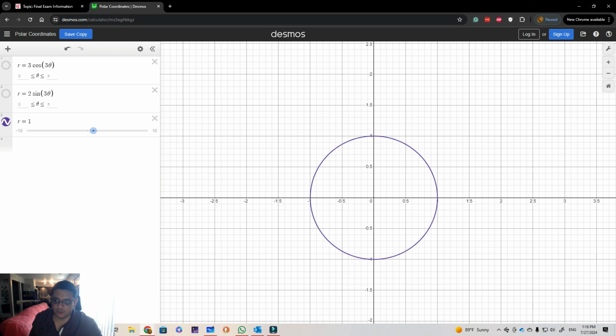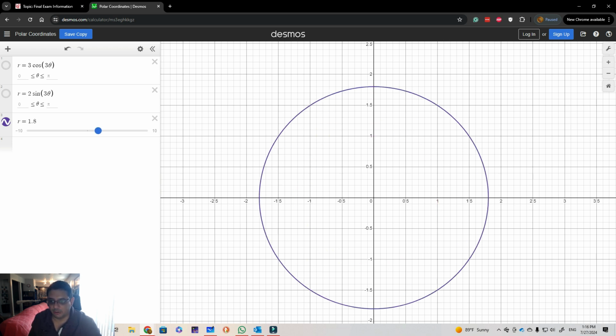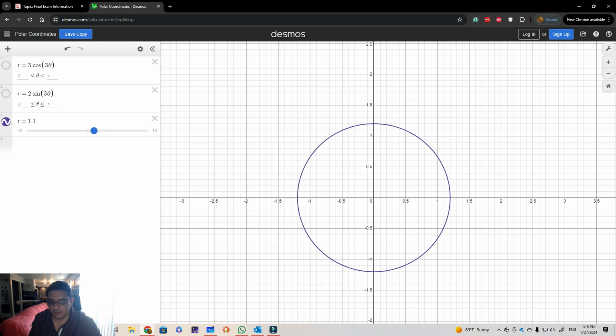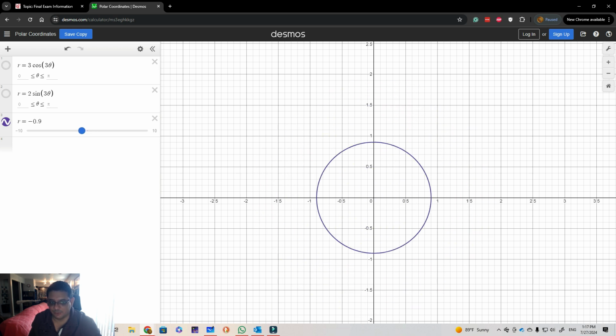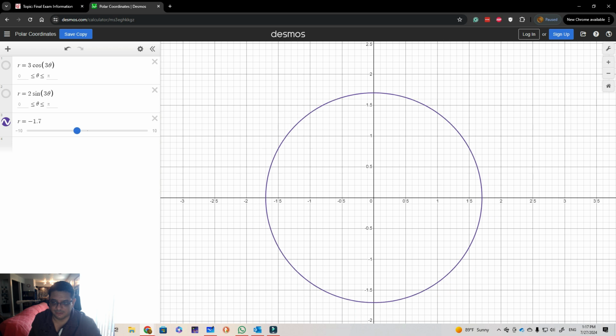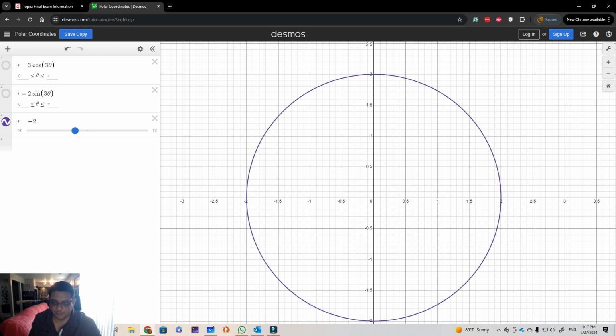When we only have a constant, we have a circle like what we had before. We can increase the radius, which enlarges the circle, or compress it, or you can take a negative radius, and as you can see, it's the same thing, just flipping around the points.